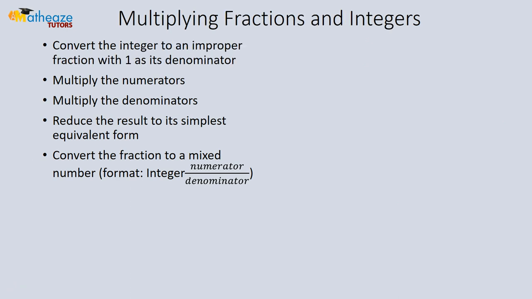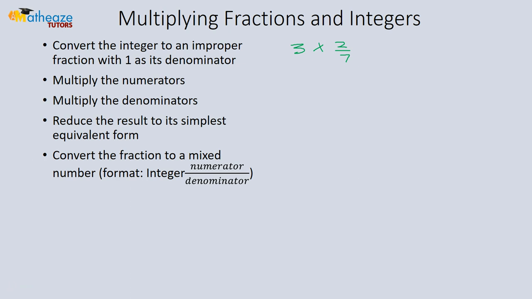Now, the last step we're going to deal with is multiplying fractions and integers together. I will do one example with a proper fraction and one example with a mixed number. So let's start off with the one with a proper fraction. If I had something like 3 times 2/7, what we're going to do is rewrite 3 as an improper fraction with a denominator of 1.